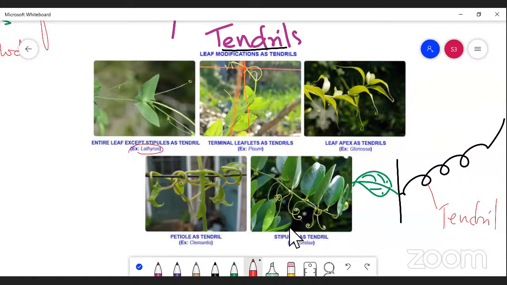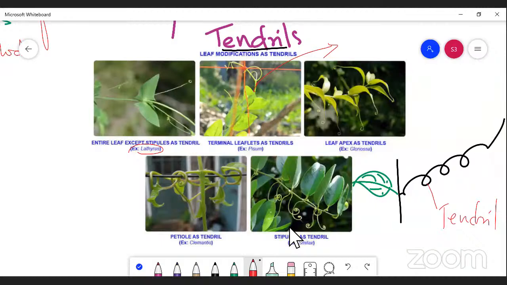There should be 3 leaflets, but here the third ones are modified into tendrils. That is called the terminal leaflets modified into tendrils.